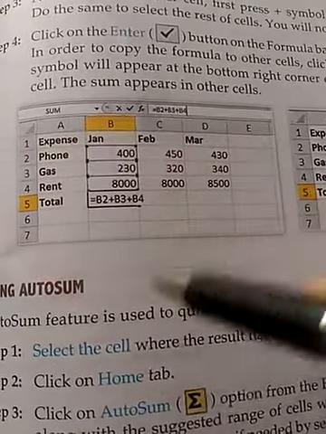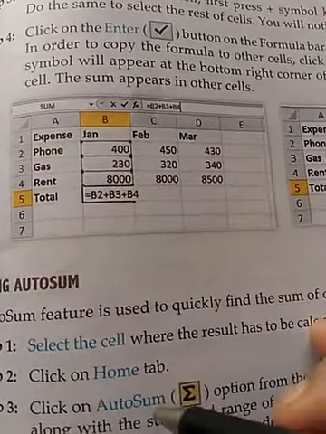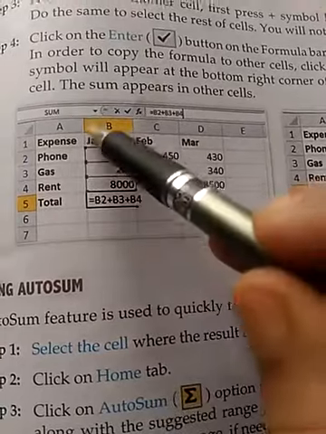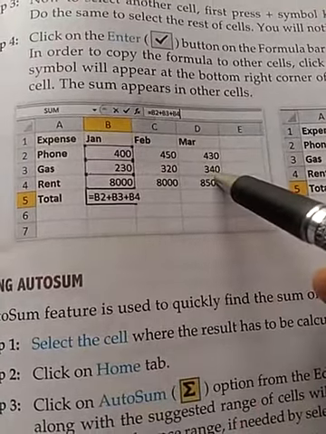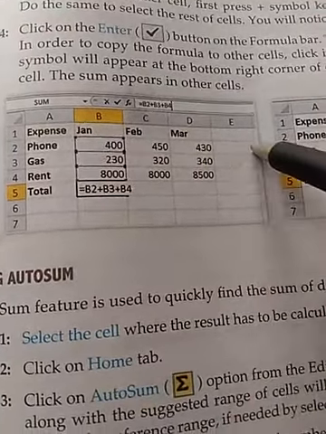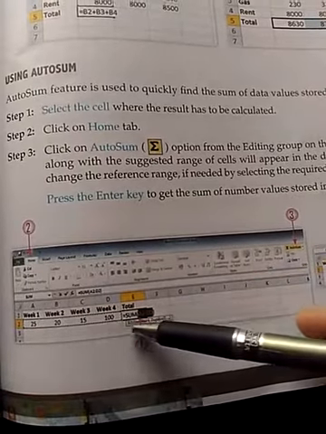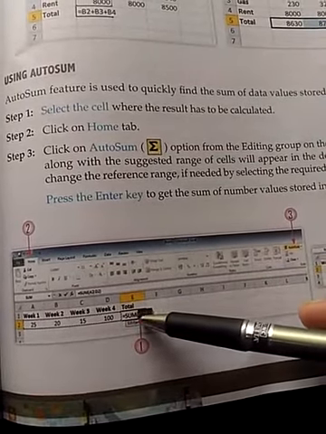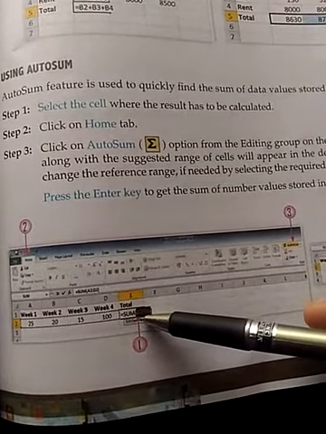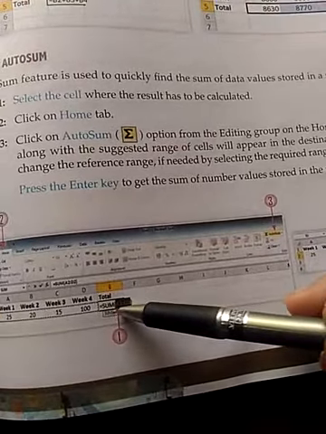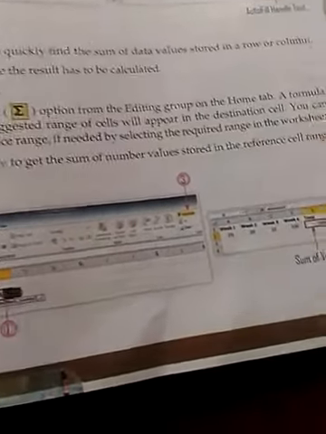After that, go to the home tab and click on the auto sum option. Automatically the sum of the selected rows will be calculated and displayed in the blank cell. Like here, equal to sum, bracket, the cells which are involved in the formula.